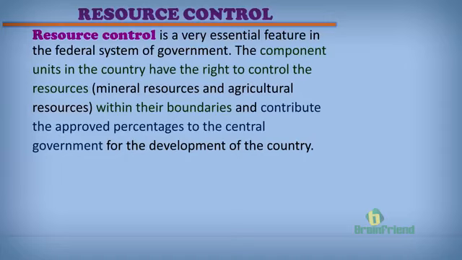Now, in a federal system of government, the component units have the right to control the resources in that state. Remember, we said the component units are states, regions, or local governments. Now, they have the right to control the resources that are found within their states, within that local government, within that region.